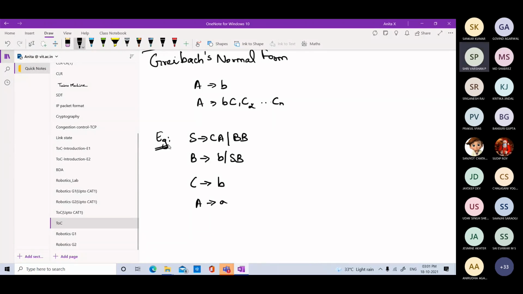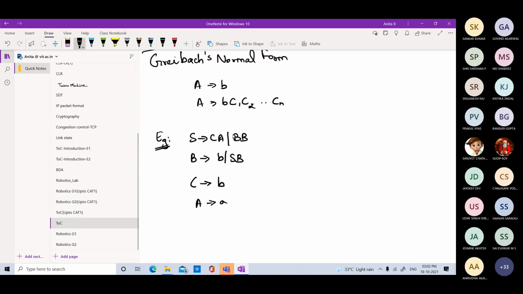Is this grammar in Chomsky normal form? Yes, this is Chomsky normal form. Now we can start with the steps involved.